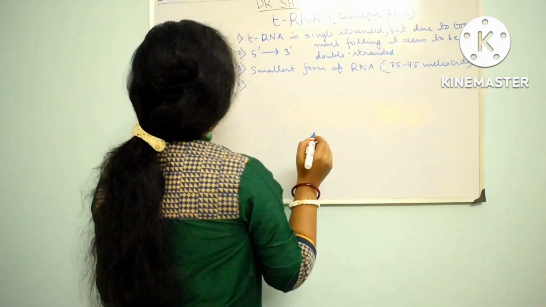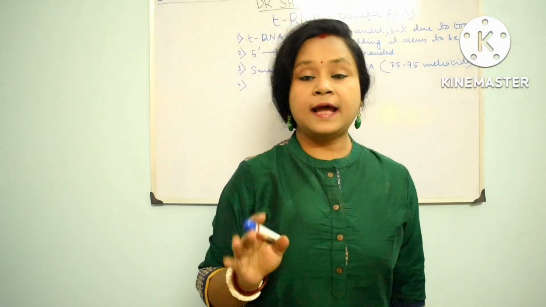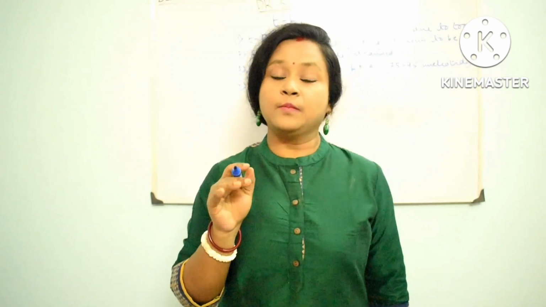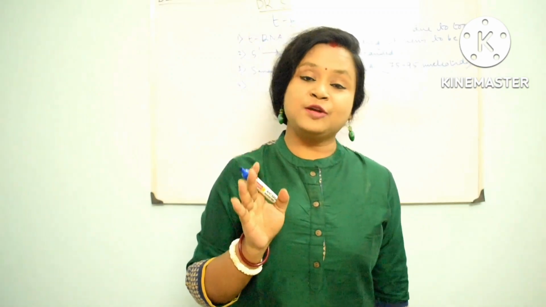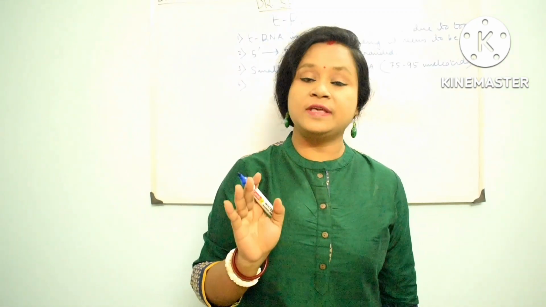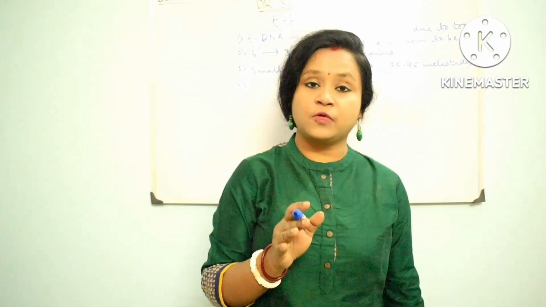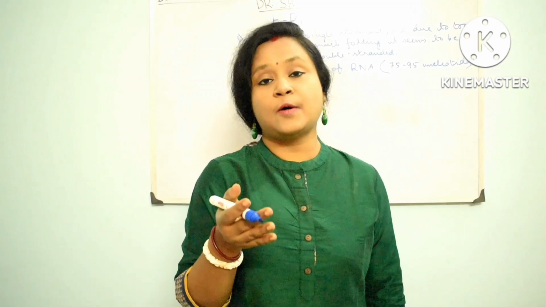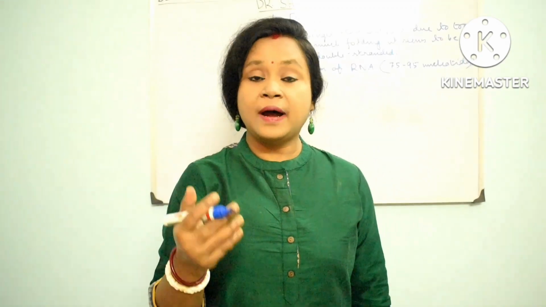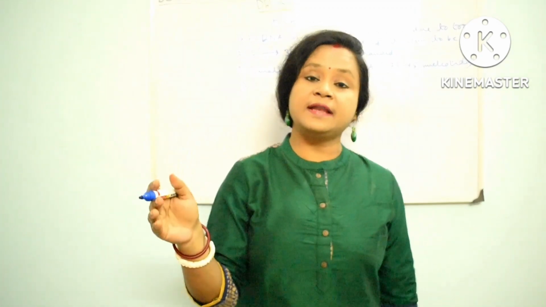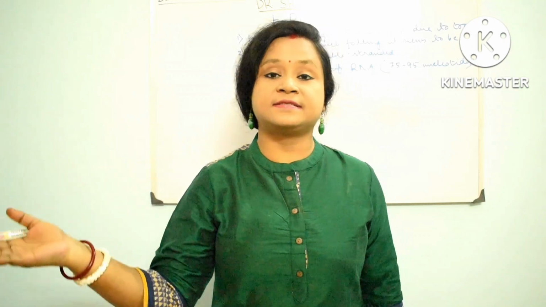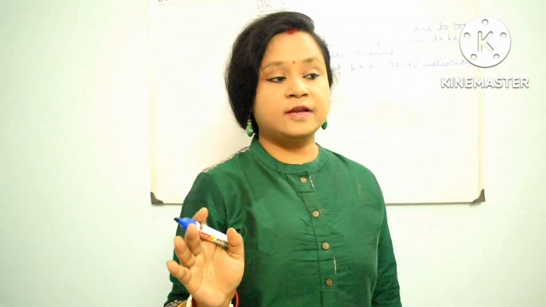Next point, we all know that we have 20 essential amino acids in our body. Which are called essential amino acids? Essential amino acids are those which cannot be synthesized in our body spontaneously, but should be supplied through diet from an exterior source.